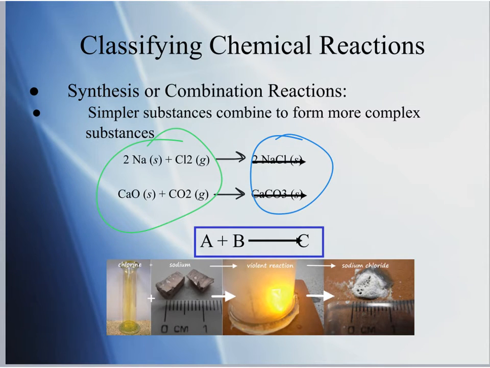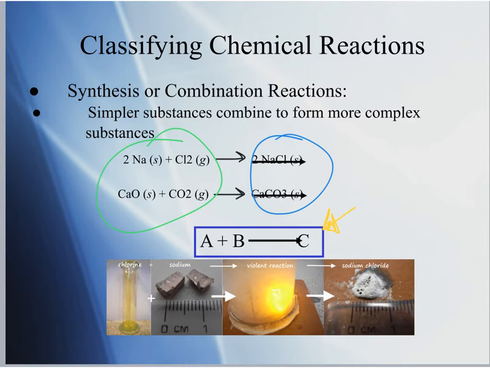The general way we represent that is A plus B reacts to form C. So we have two things to start and one big thing in the end. We call that synthesis or combination reactions.